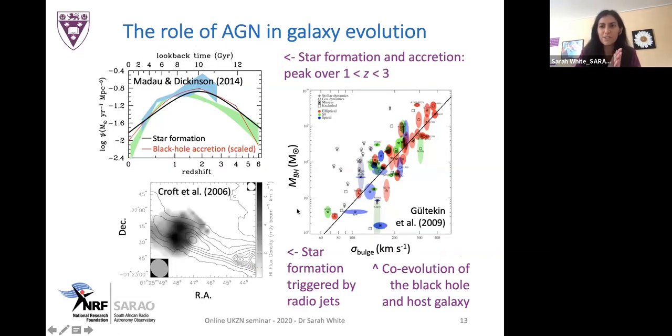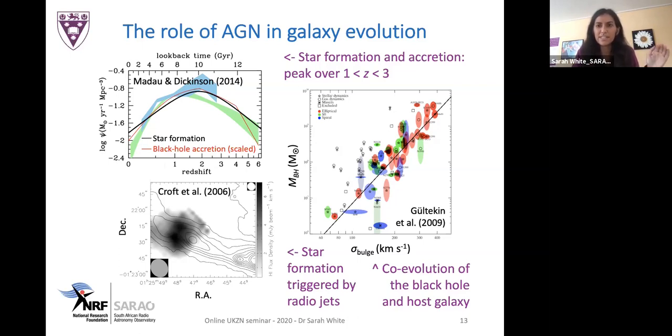So now I'm just going to give you a one slide summary of why we are interested in studying active galaxies in terms of their role in galaxy evolution. It's been observed that both star formation and black hole accretion appear to follow similar trajectories over cosmic time, as shown in the top left corner. And these two processes are believed to be critical for how galaxies form and evolve.